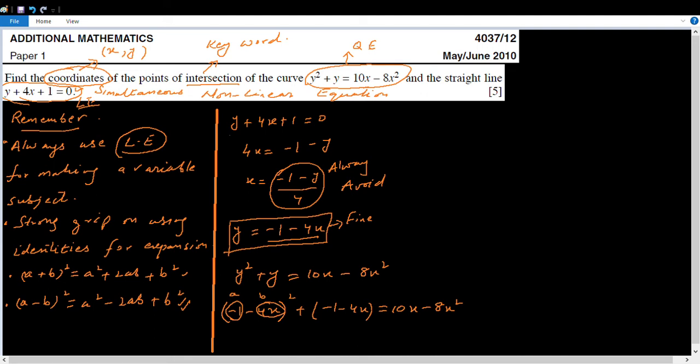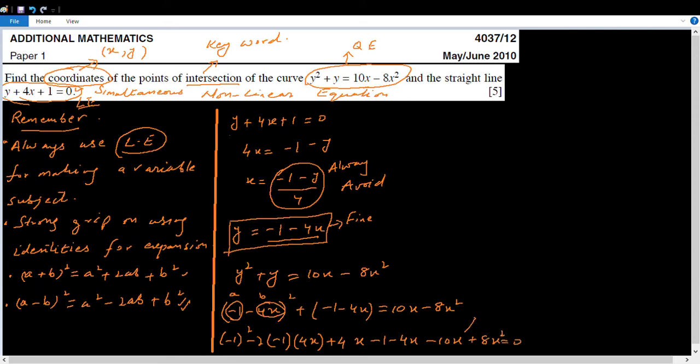So it will be minus 1 square and minus 2 of formula, minus 1 which is a, and 4x which is b, plus 4x square, and minus 1 minus 4x and minus 10x plus 8x square equals to 0.